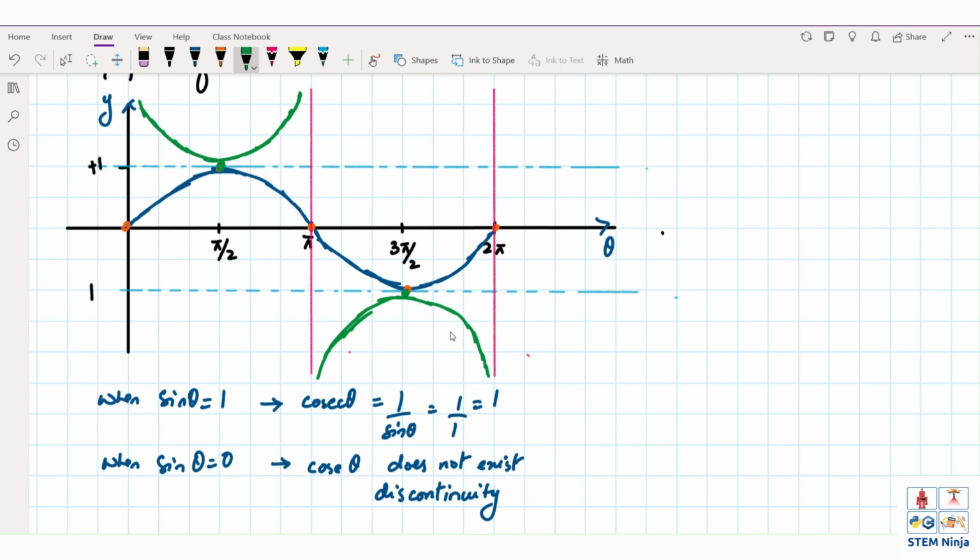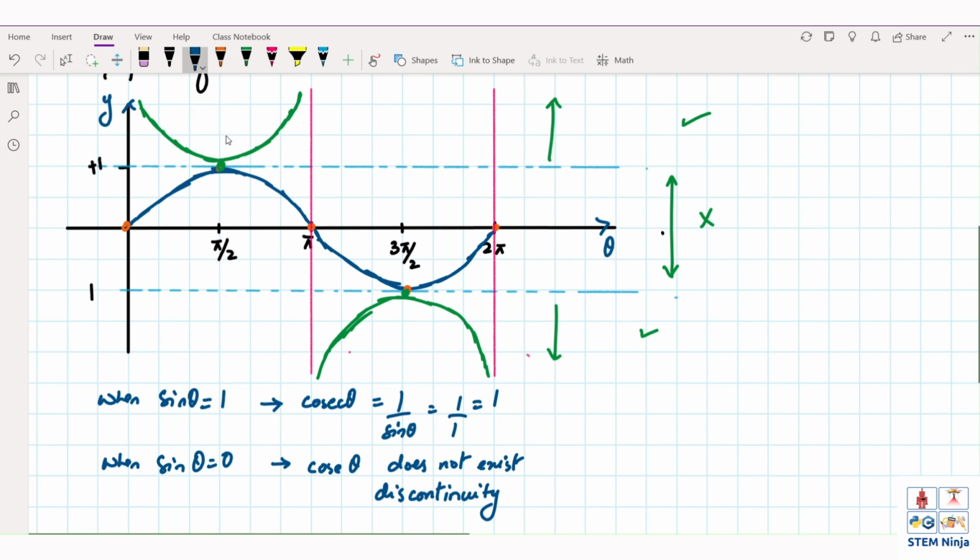Yeah, so basically, although this is a very poor sketch, it shows everything that we need to know. So the cosecant exists beyond 1 and below -1. In between this range, it does not exist.